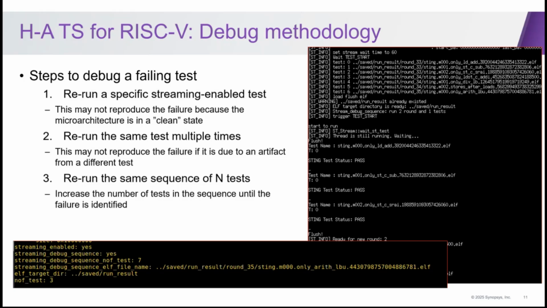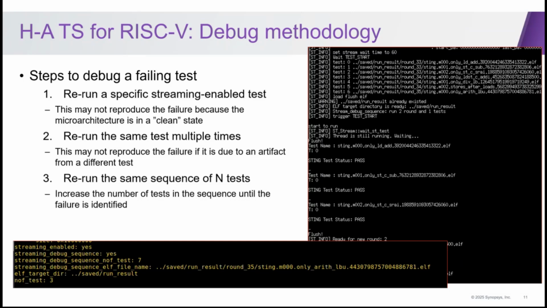In most cases, it's not something really new. You can see a similar idea in some other things. In most cases, if you rerun that specific test, if it's interrupt related or exception related, you may reproduce it.